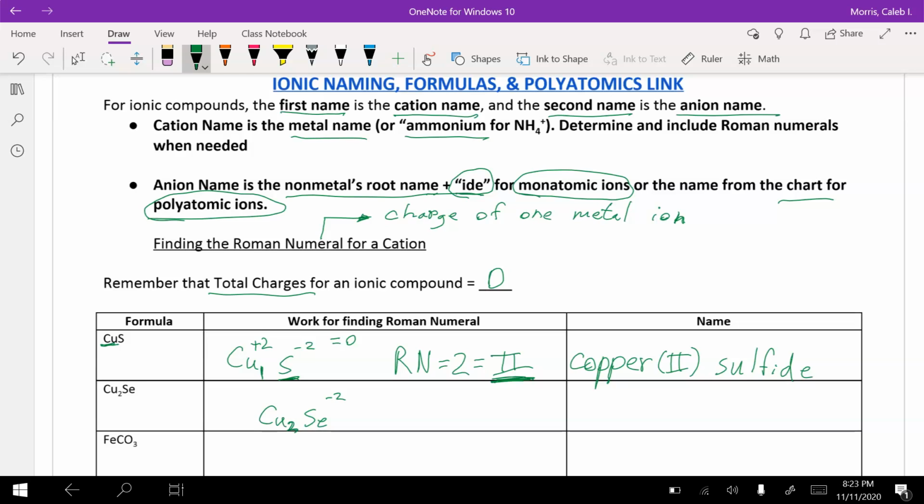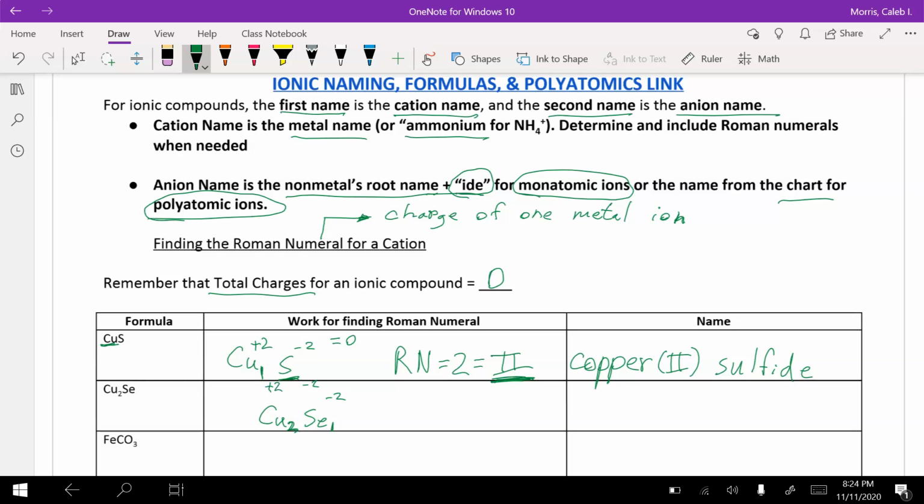Okay, this is where it gets a little bit different. I only have one Se, so that means my charge is -2 for the right side. Overall, 1 times -2 is -2. So what would the charge on the left side have to be to make it 0? Well, it would have to be +2.